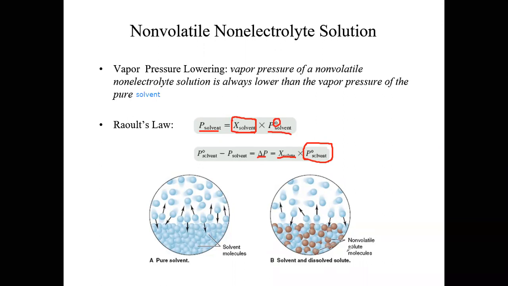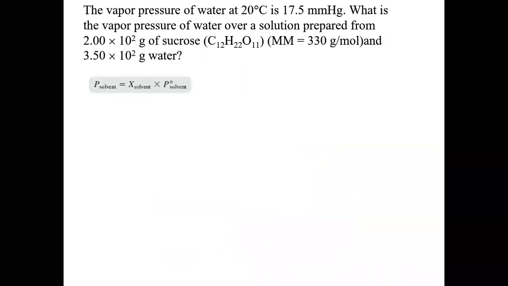So now let's take a look at a problem involving Raoult's law. So here we have the vapor pressure of water at 20 degrees Celsius is 17.5 millimeters of mercury. What is the vapor pressure of water over a solution prepared from 200 grams of sucrose and 350 grams of water? So we're at 20 degrees Celsius.